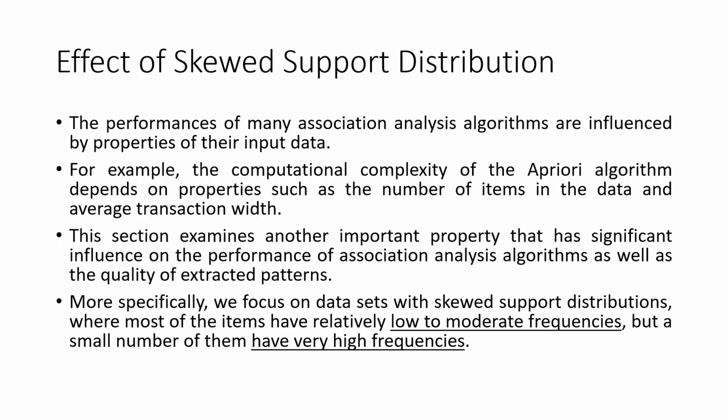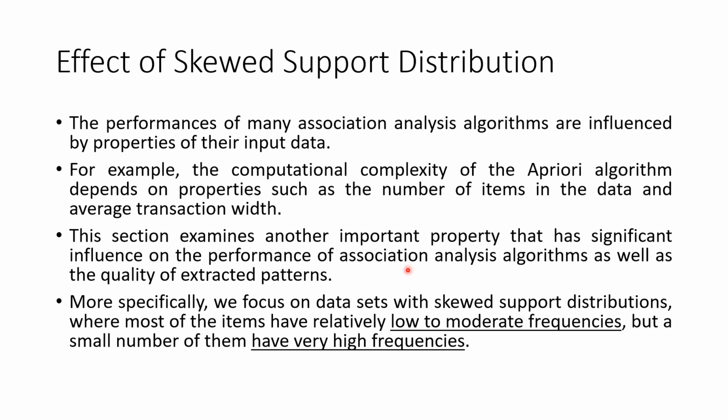The next related topic is the effect of skewed support distribution. The performances of many association analysis algorithms are influenced by properties of their input data. For example, the computational complexity of the Apriori algorithm depends on properties such as the number of items in the data and the average transaction width.